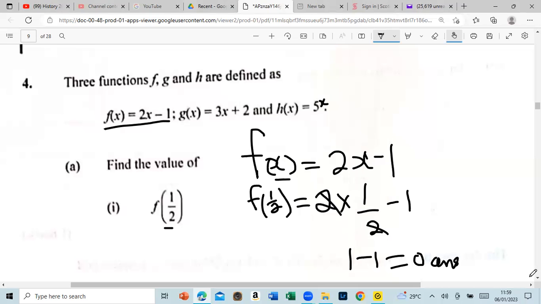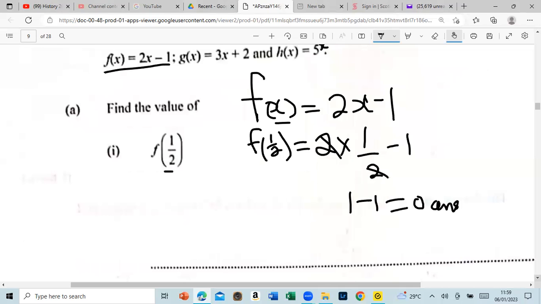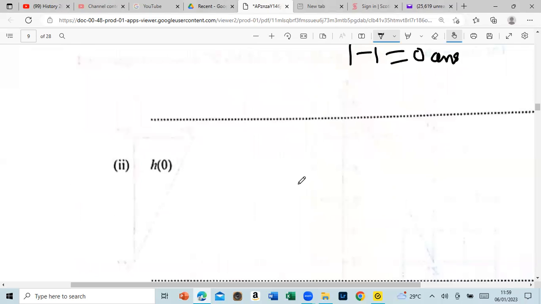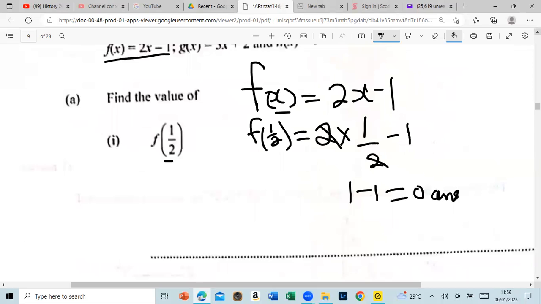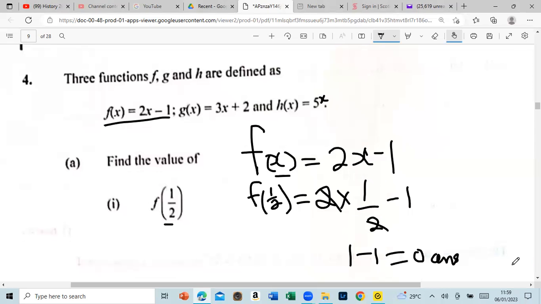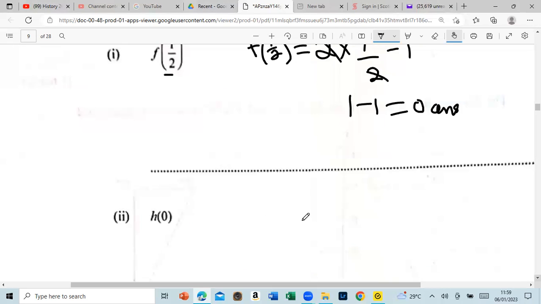All right, so let's proceed. It says h of 0. So I'm going to write back h. H of x is 5 raised to the x.